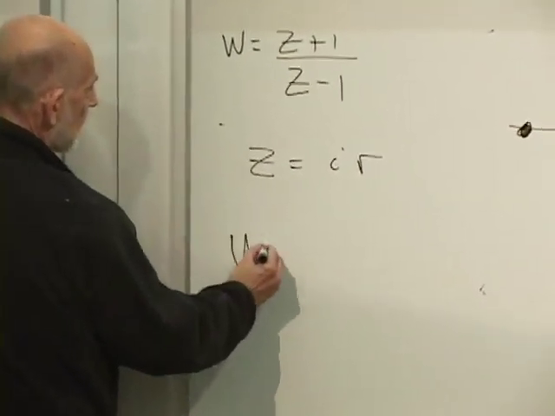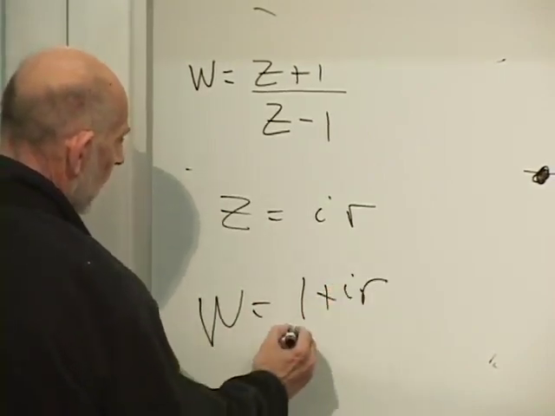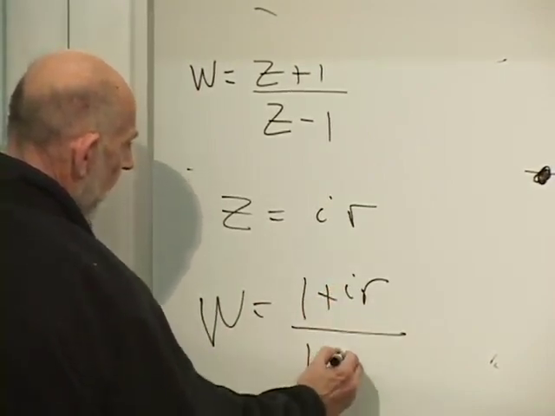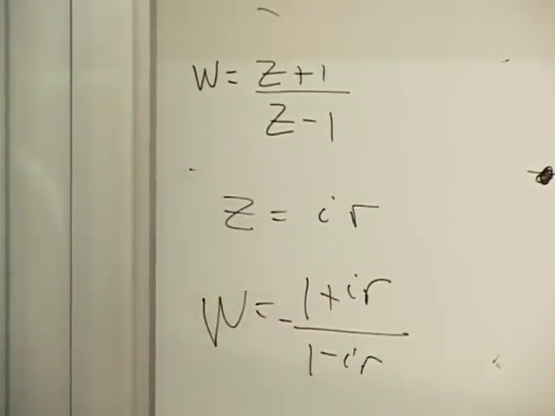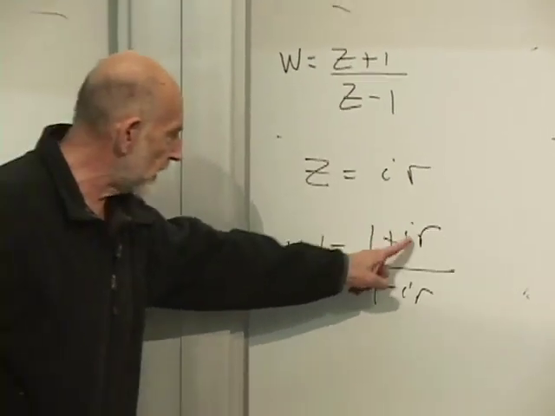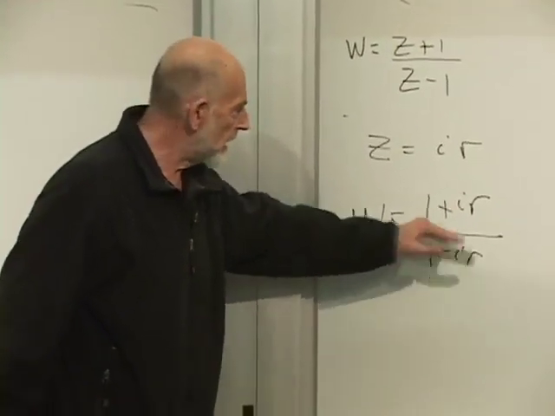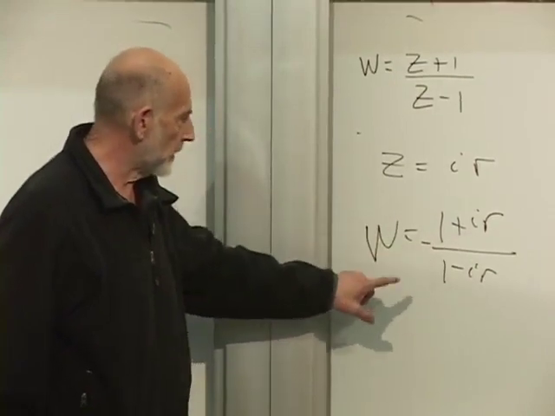W becomes 1 plus iR over 1 minus iR, I think with a minus sign. Anything special about that? Magnitude 1, right? The sums of the squares of the real and imaginary parts are the same. So the ratio of these two has magnitude 1.